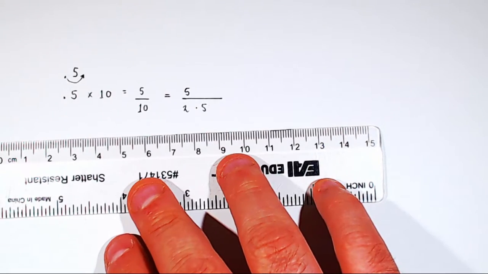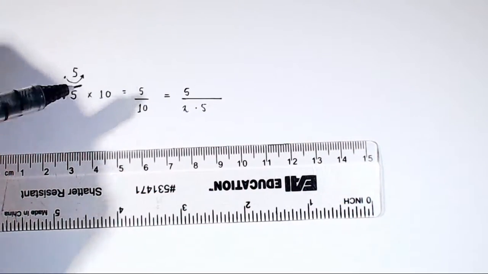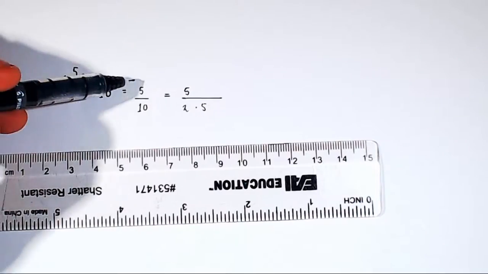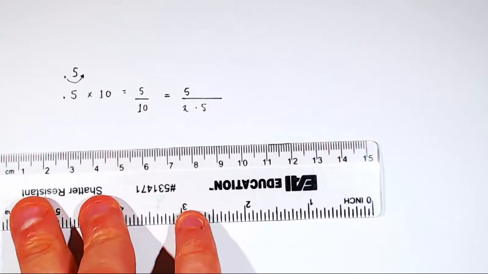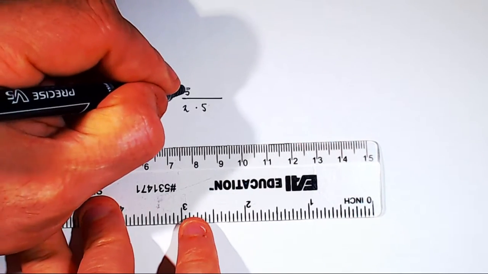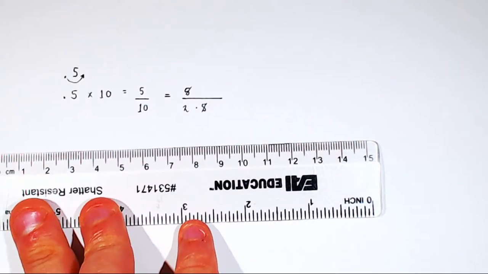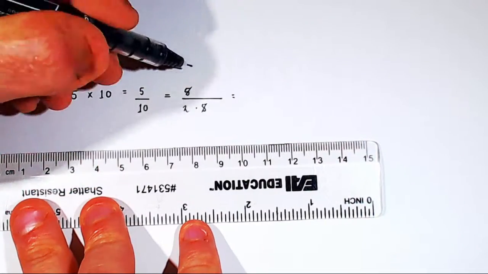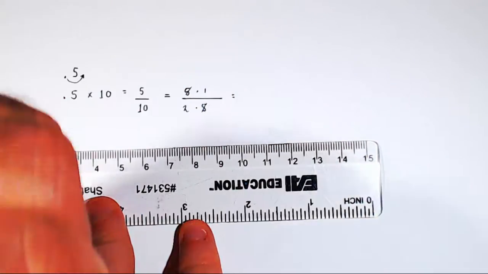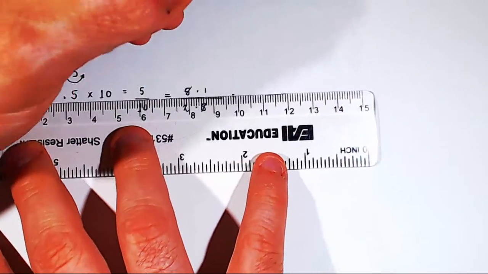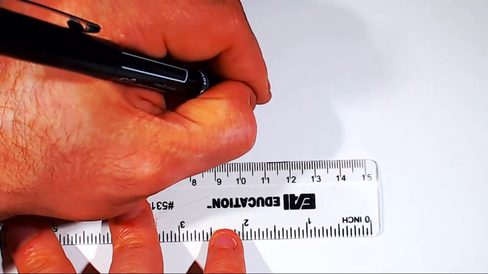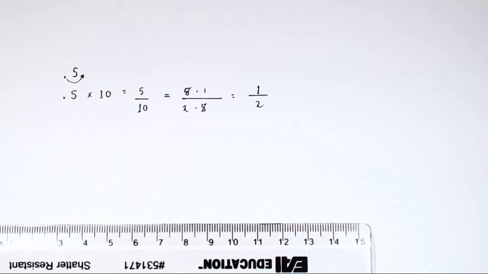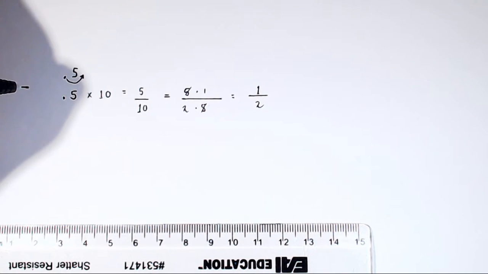These are the prime factorizations of both of these numbers, 5 and 10. 5 is a prime number, 2 is a prime number, and 5 is a prime number. So these 5s cancel out, leaving, there's nothing up top, there's actually a 1 there that we didn't write. We have 1 over whatever is left, 2. So there's 1/2.